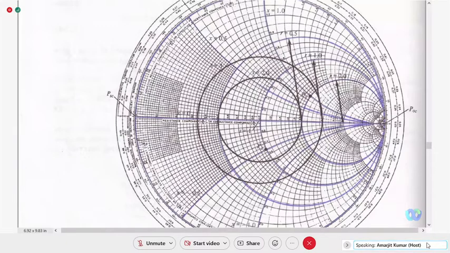And where will be the location of the minimum voltage? It will be located on the negative gamma R axis. See here it is written 0, 0.1, 0.2. We are talking about the normalized input impedance, and here it is 1, 1.2, 2.0 up to infinity. From 0 to infinity, input impedance.